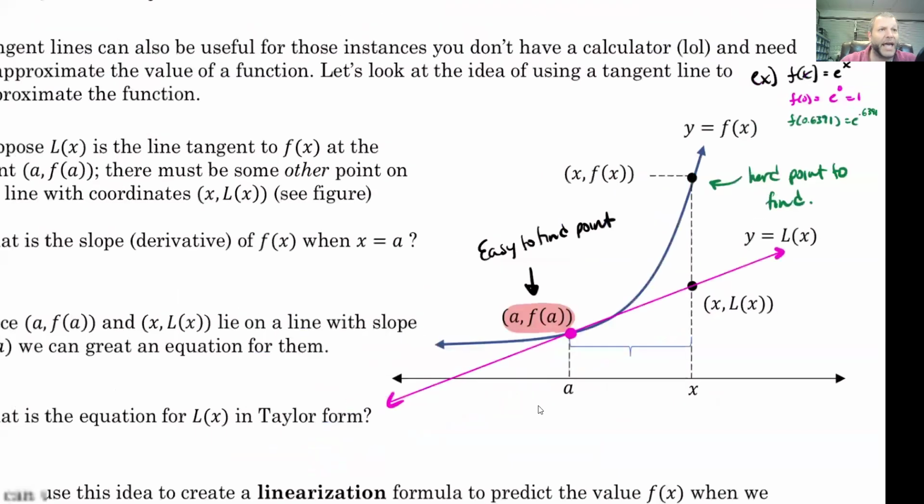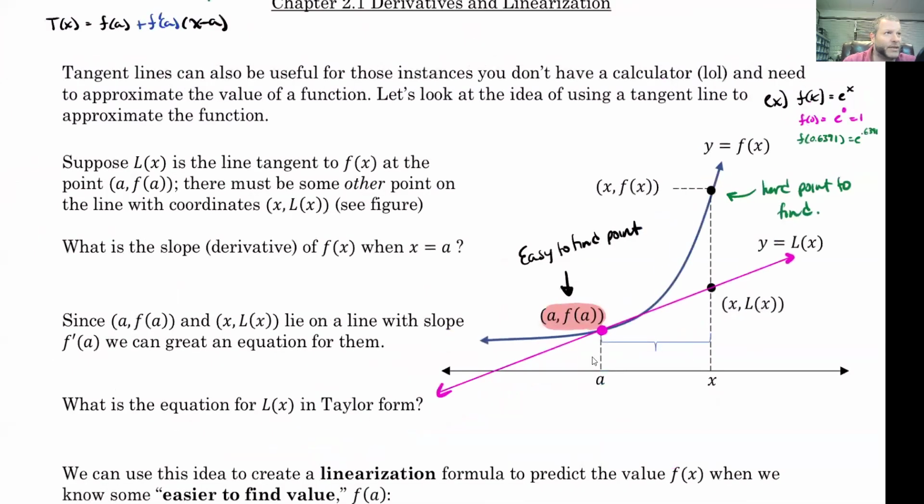Since I have some line that hits at just that point, we could write Taylor's form of the line. So I know that this is my easy point, a, f of a, and the slope is simply going to be f prime of a.